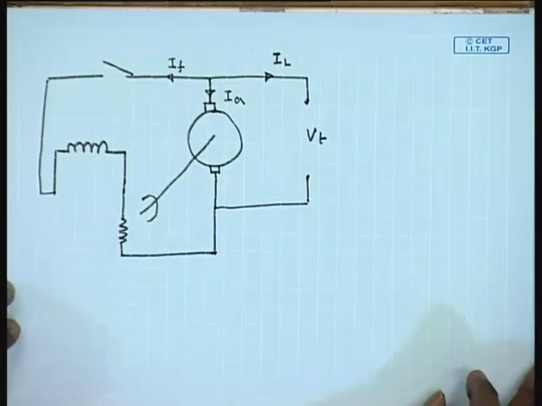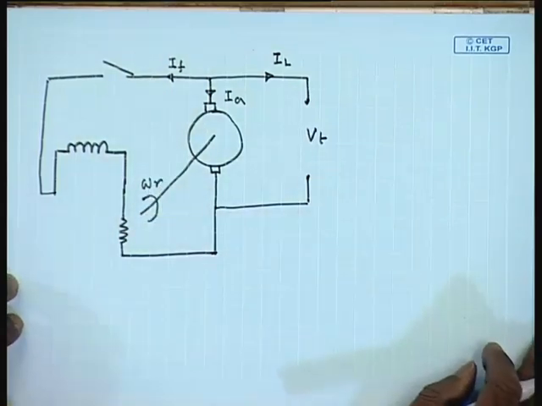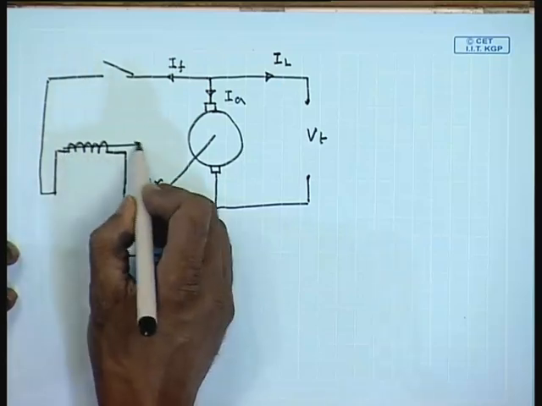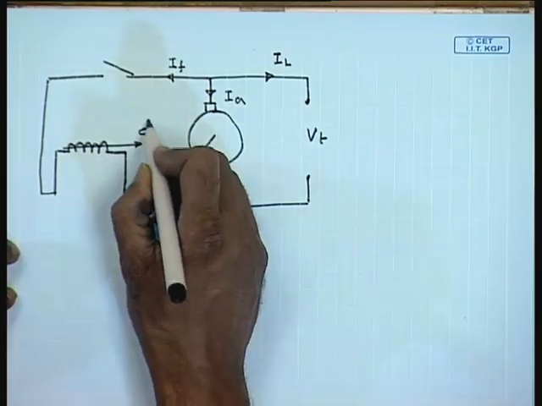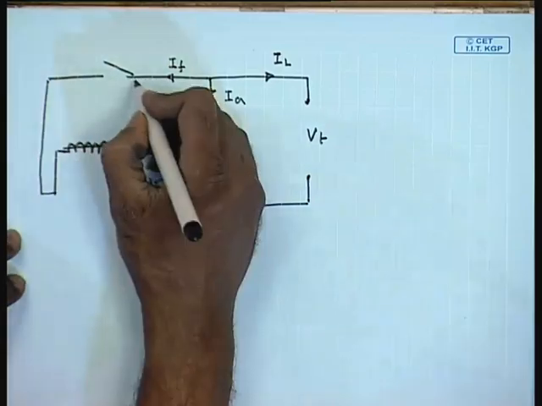In order to understand how this circuit works, let us first assume that the field is unexcited, that is, this switch is open.